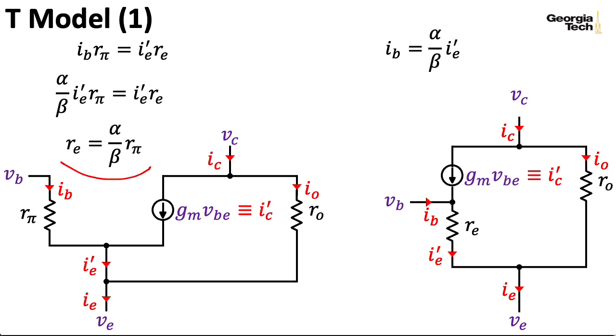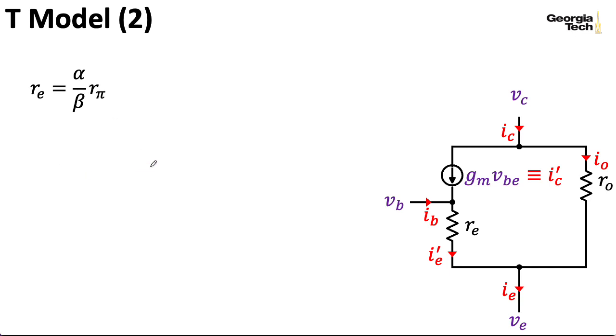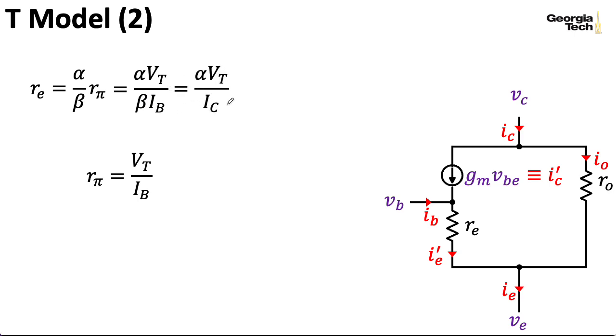So let's take this expression, rewrite it on the next slide, and then remembering that R pi is equal to VT over IB, we can write this as alpha VT over beta IB. And remember, beta IB itself is just IC. And remember, IC over alpha is IE.